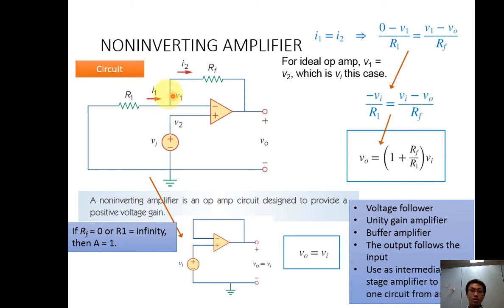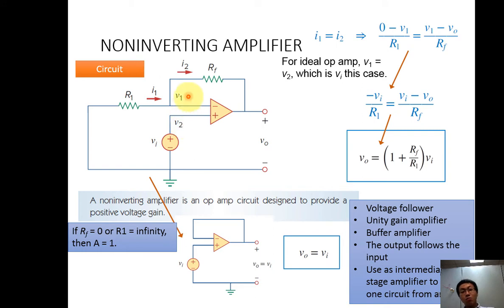0 minus V1, which I don't know, divided by R1, which is my I1. So my I2 is higher voltage minus lower voltage. The higher voltage is V1, the lower voltage is V0, so the current can flow from V1 to V0, divided by my feedback resistor. Then we know that for an ideal op-amp, V1 equals V2.